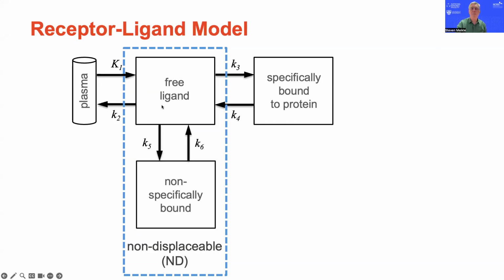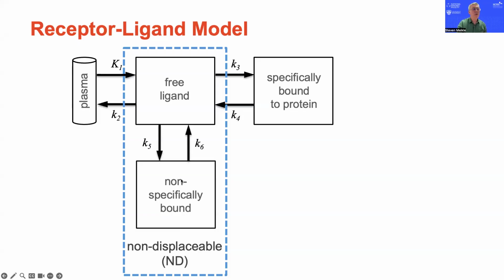So in other words, it's not bound to anything at this stage. It's in the tissue, but it's not bound to anything. You would have a compartment representing your tracer, your ligand, bound to the protein that you're actually interested in. So this is your target protein or receptor, if you like. So we call that specific binding. If we say it's specifically bound, that just means it's bound to the target protein.